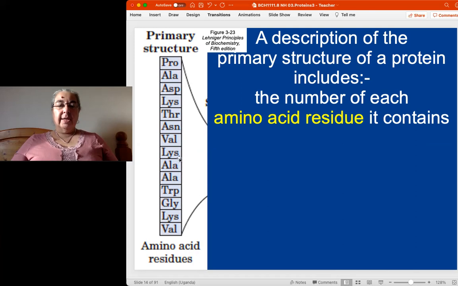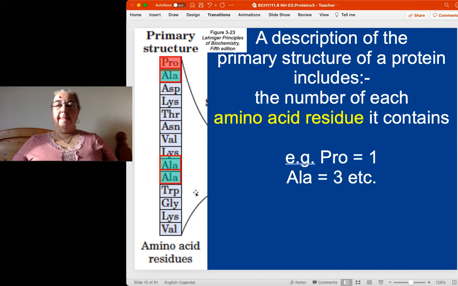We've got lysine here, and here, and here, and so on. So we might use this to say that there is 1 proline, but 3 lysines. So the number of amino acids is important. Proline is 1, alanine is 3.